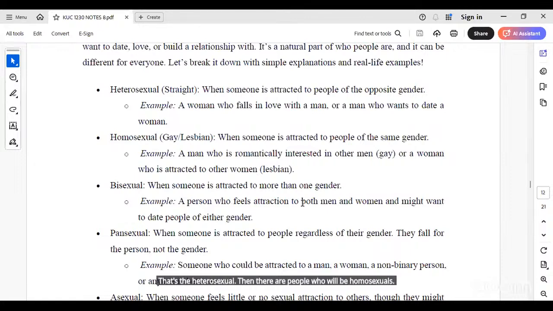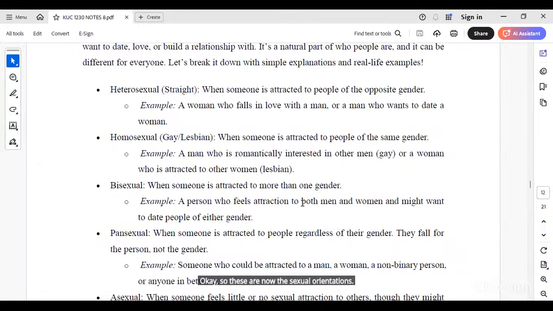They come in two categories, either gay or lesbian. Homosexual is when someone is attracted to people of the same gender. So a man who is romantically interested in other men is gay. A woman who is romantically attracted to other women is a lesbian. Okay. So these are the sexual orientations.